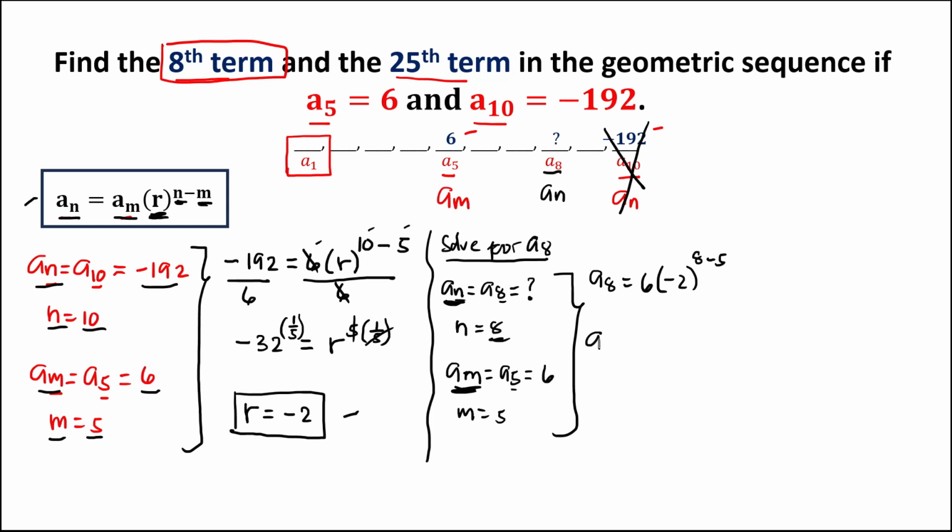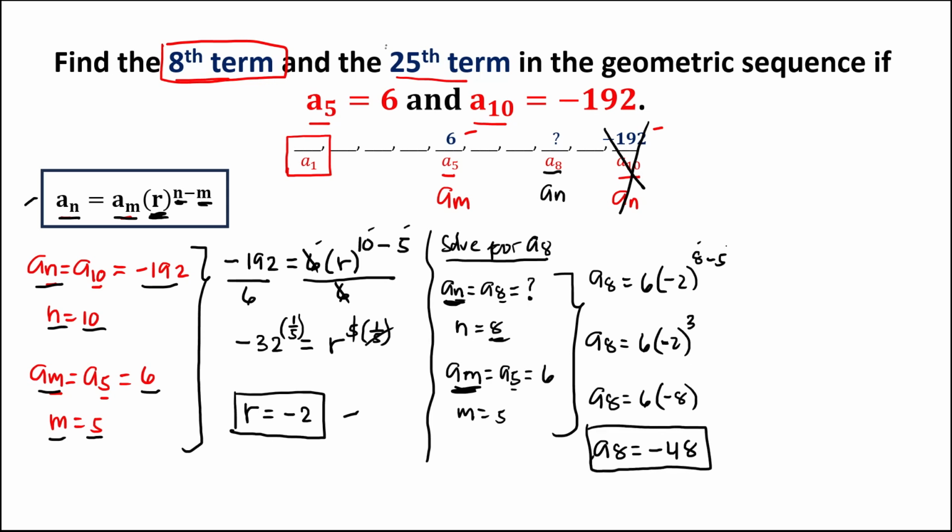So this becomes a sub 8 equals 6 times negative 2 to the power 8 minus 5, to the power 3. Then a sub 8 equals 6 times negative 2 to the power 3, which is negative 8. Therefore, a sub 8, or the 8th term, equals negative 48.